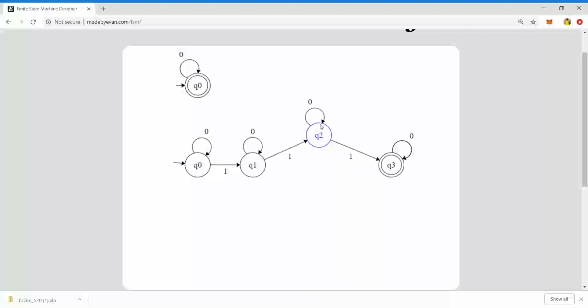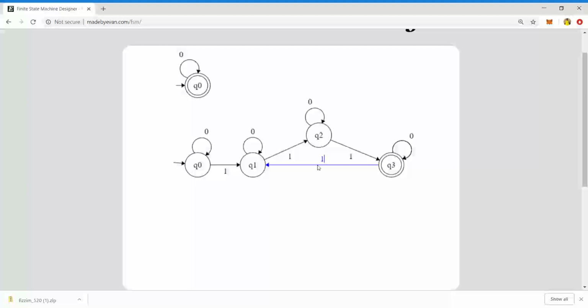If there is a next one at Q3, that next one is the first one of the next three ones, right? So here we need to add the transition to Q1, because Q1 marks that the first one has been encountered in the string.